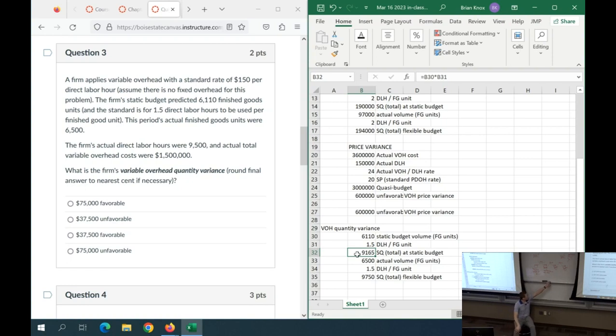That's the standard quantity in the static budget based on the budgeted finished goods units. We want how many we would have budgeted if we knew that actual production was going to be 6,500 finished goods units. Well, at 6,500 finished goods units and 1.5 direct labor hours per finished goods unit, that means we would have budgeted 9,750 direct labor hours. That's our standard quantity. And so we're going to compare our actual quantity to that standard quantity.